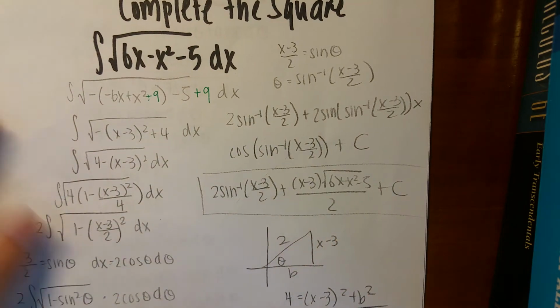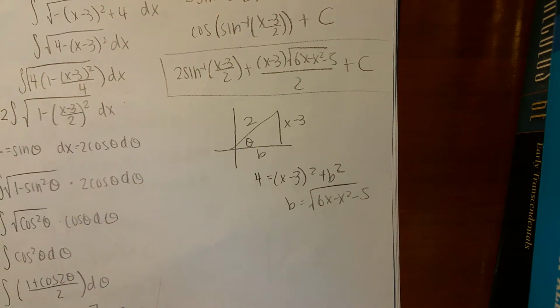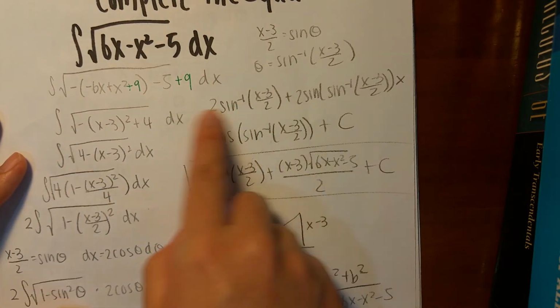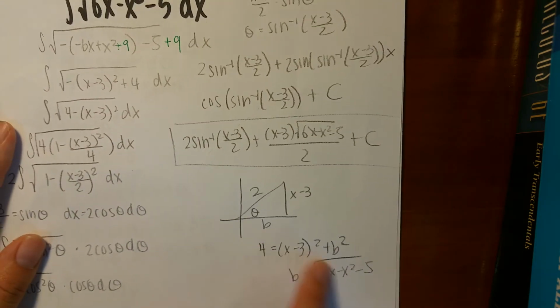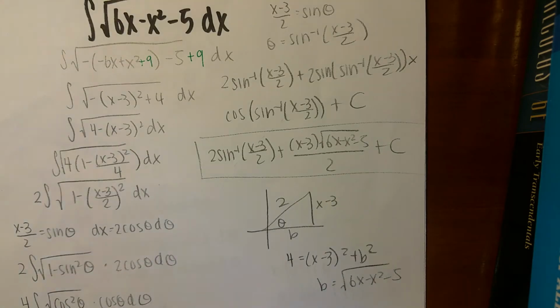Using the Pythagorean theorem, we can solve for the adjacent value, which will end up being the square root of 6x minus x squared minus 5. So simplifying with this triangle with these three values we know, we get the final answer here of 2 times arc sine of x minus 3 over 2 plus x minus 3 times the square root of 6x minus x squared minus 5, all over 2, plus c.